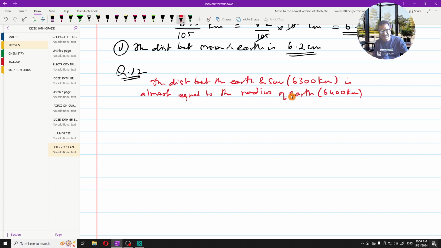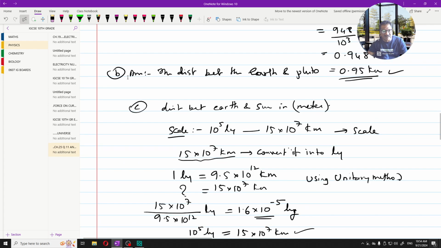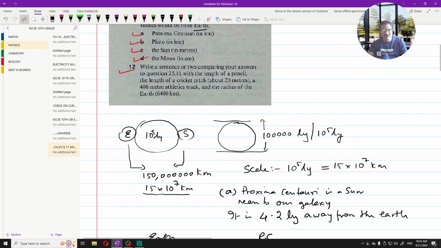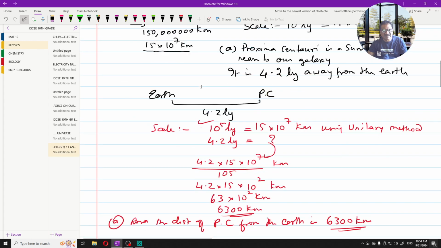Then B was what? The distance between Pluto and the earth, and we got the answer as 0.95 kilometer. So this can be compared with what? Nothing is given here in kilometers, so what we can do is convert kilometers into meters.